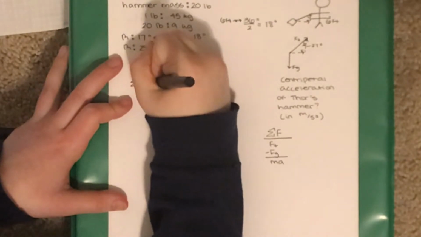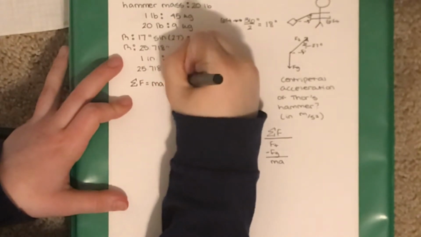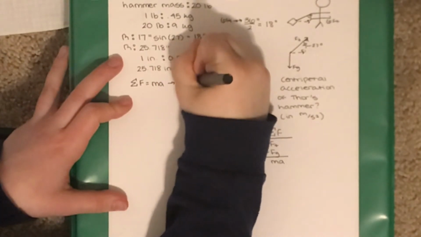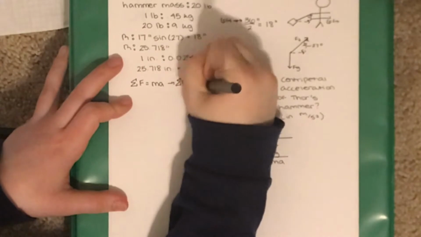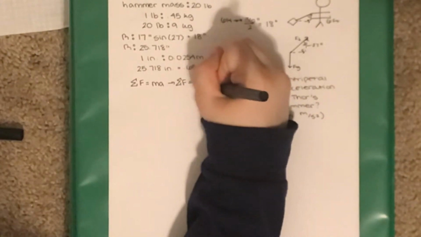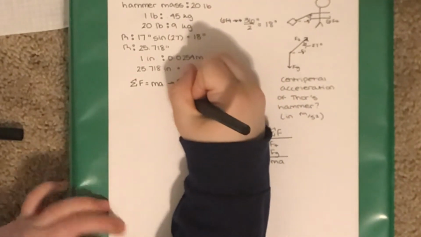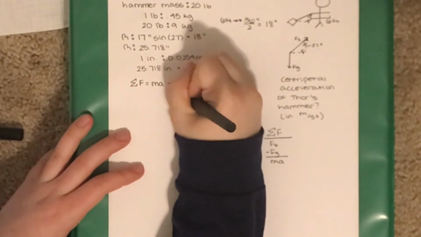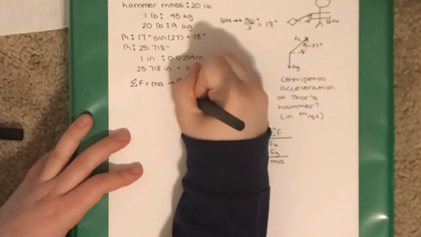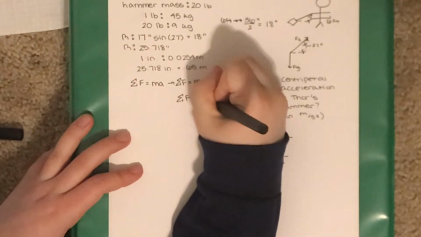The sum of forces equals ma, and then a can also be written as v squared over r, or velocity squared over radius. So I just converted it there. And then the sum of forces is the tension force minus the force of gravity. So I just put the tension force minus force of gravity equals mv squared over r.